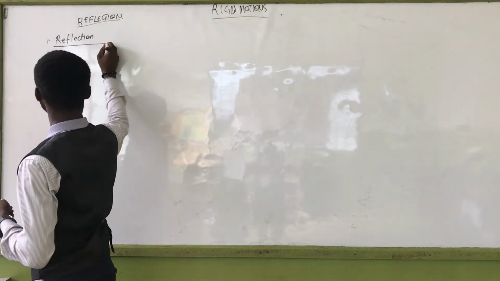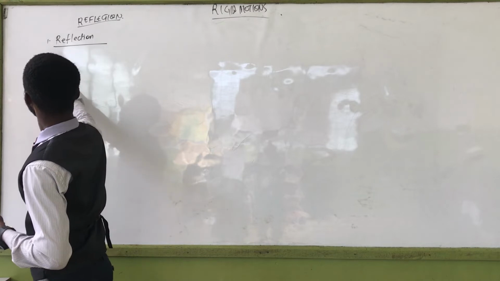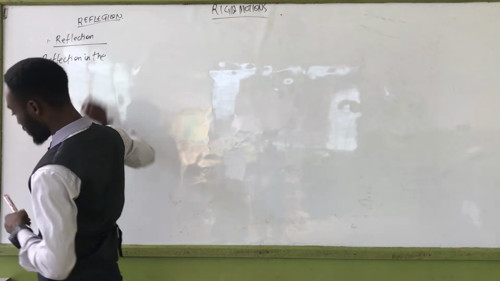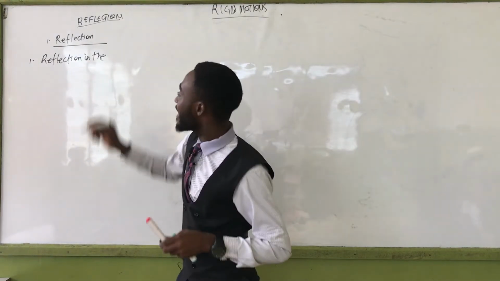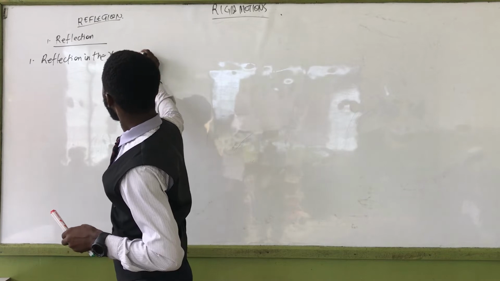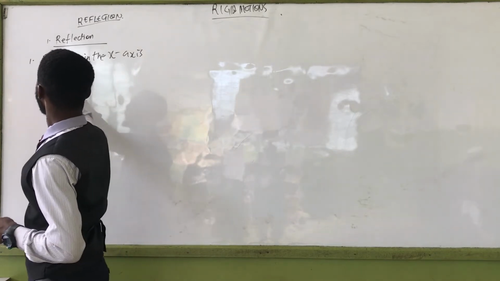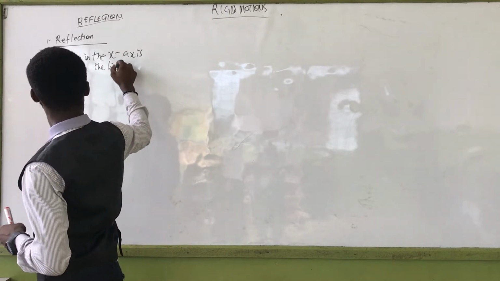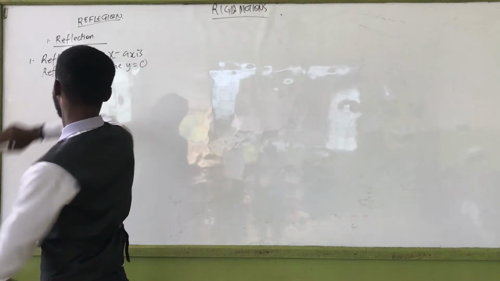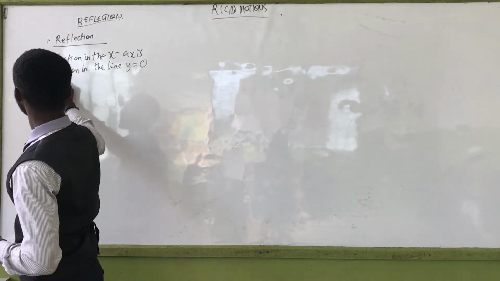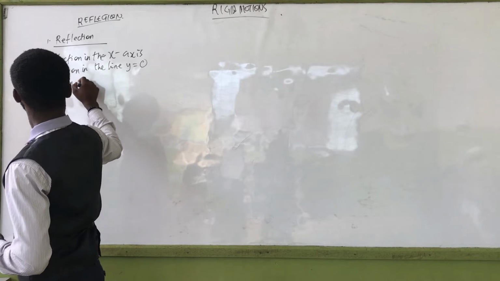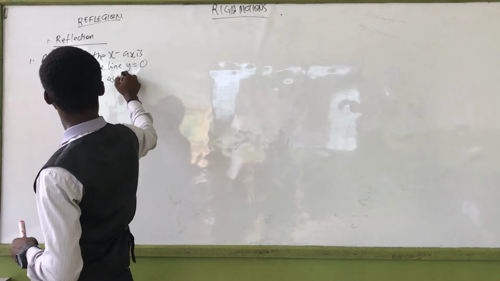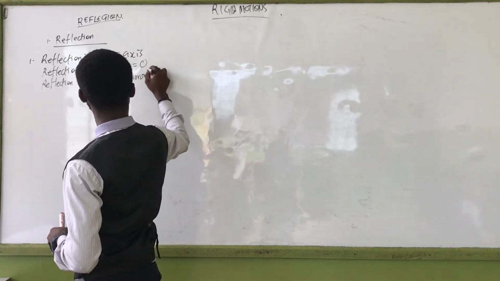The first form of reflection is reflection in the x-axis, also called reflection in the line y is equal to 0, or reflection using x as the mirror line.